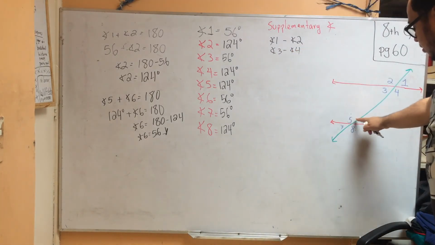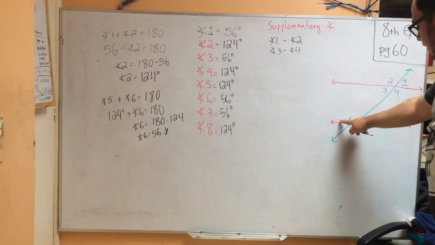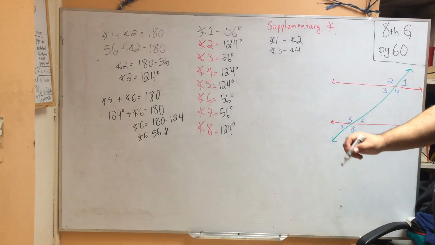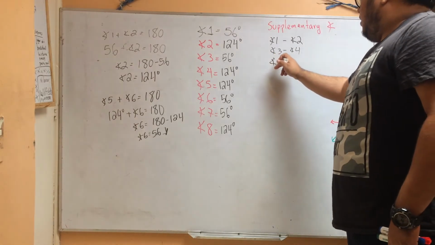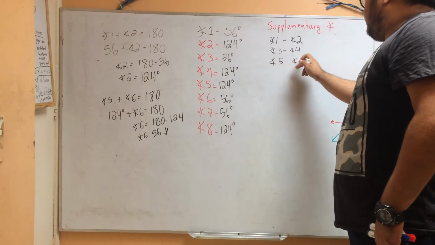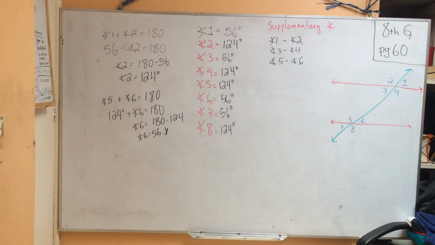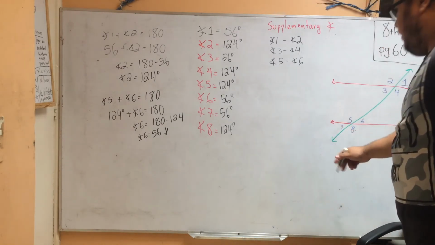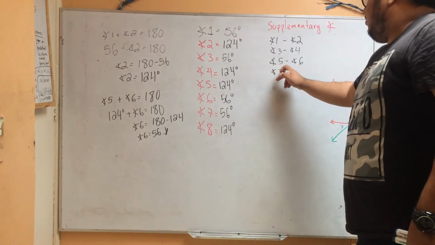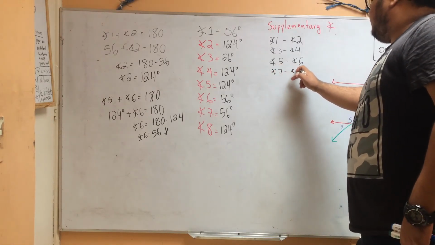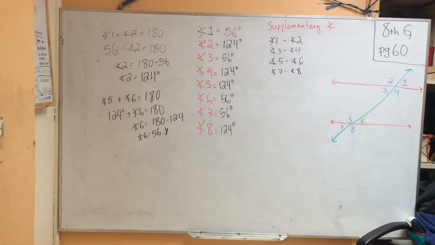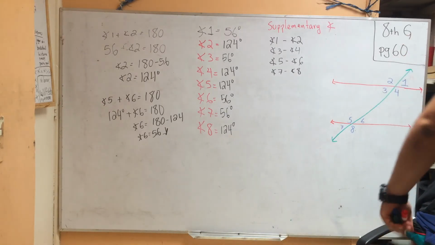Also, angle number 5 and angle number 6, if we add them, we have 180. And we also have 7 and 8, because the addition of both is going to give us 180. So these are the supplementary angles of exercise number 1.